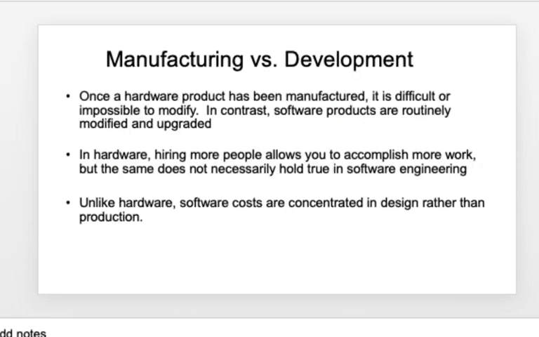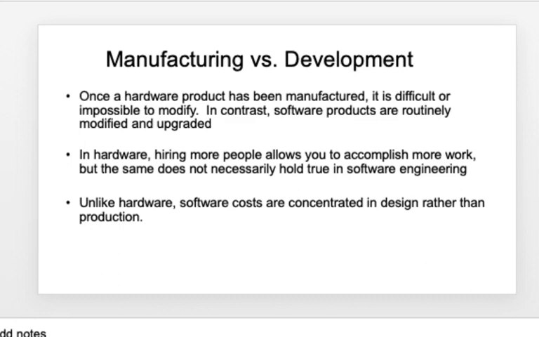When you talk of manufacturing versus development, once a hardware product is manufactured, it is almost impossible to modify it. But software is routinely modified and upgraded. In hardware, hiring more people will allow you to accomplish more work, but the same does not hold true in software engineering.